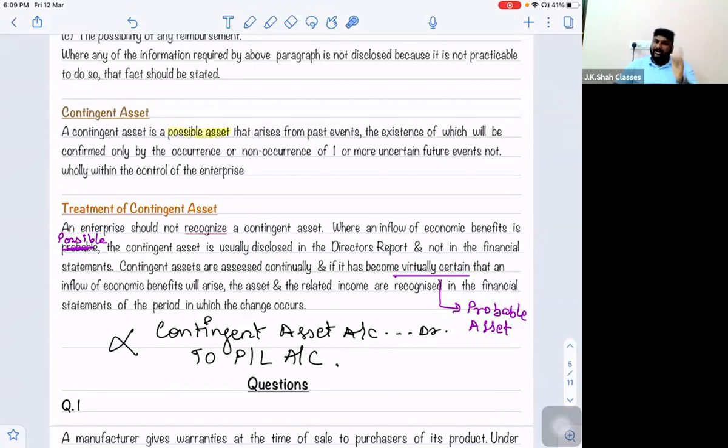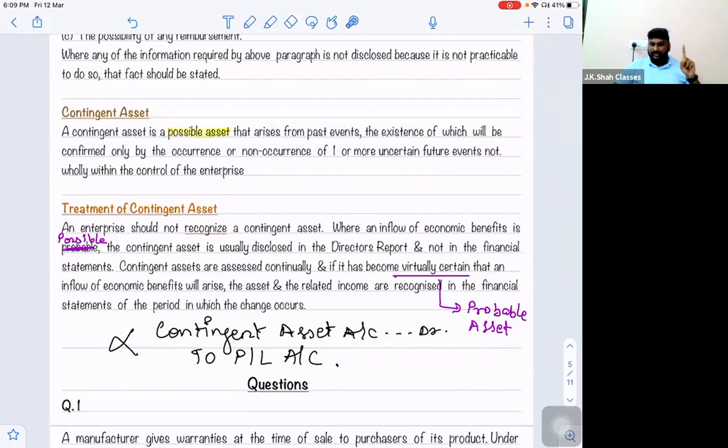So you can record an asset and a corresponding revenue out of it. But what are the conditions? It should now become a probable asset and it should be virtually certain. When I use the words virtually certain, I mean it is virtually certain that it is my asset now.